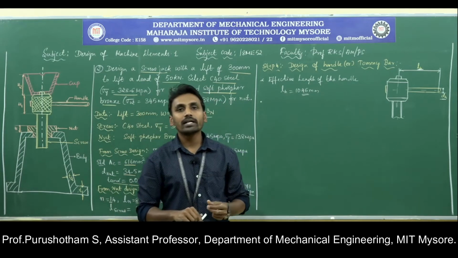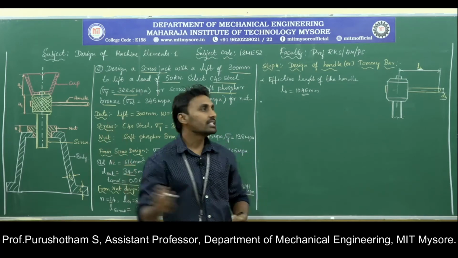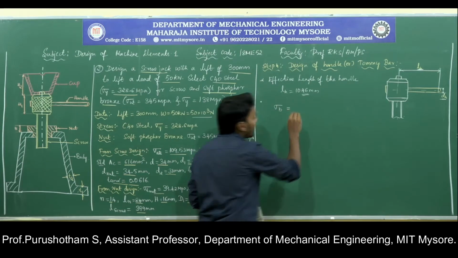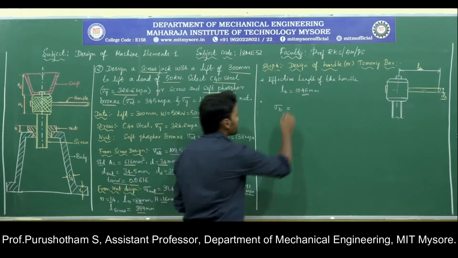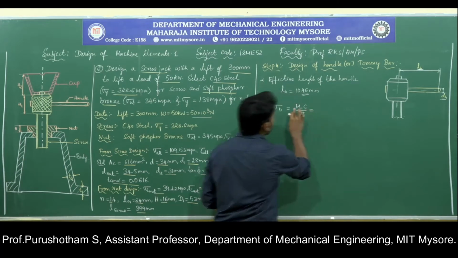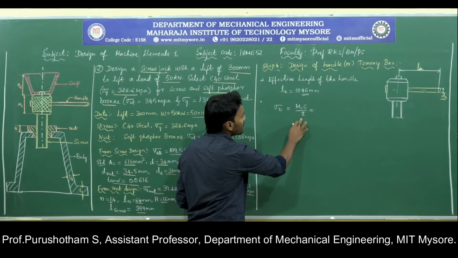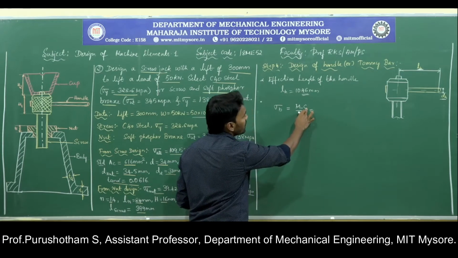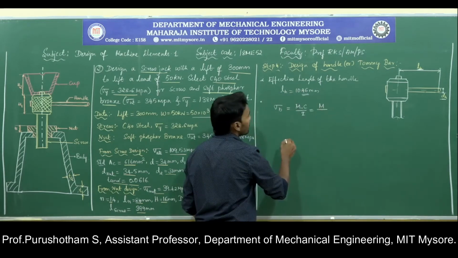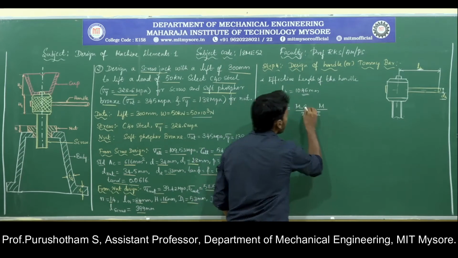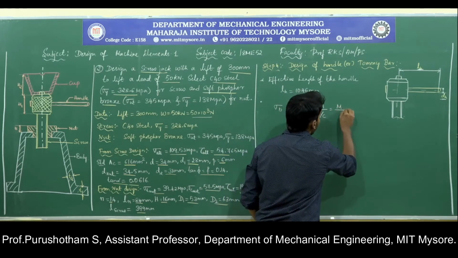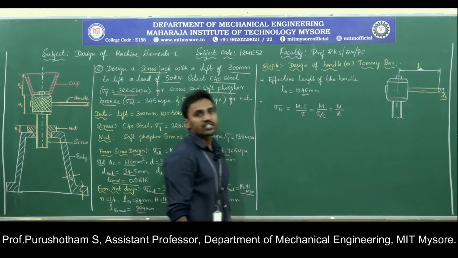So the bending stress induced in the handle is given by sigma B equal to M into C by I, where M is the bending moment, I is the moment of inertia, and C is the distance from the neutral axis to the outer fiber. Simplifying, taking C into the denominator, I by C, we get M by Z, where Z is the section modulus.